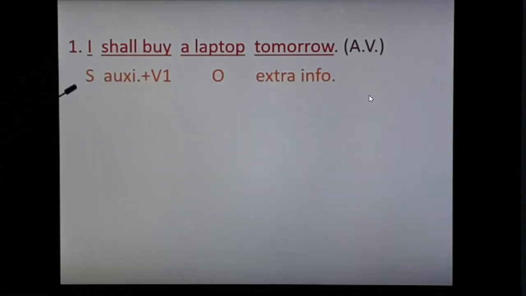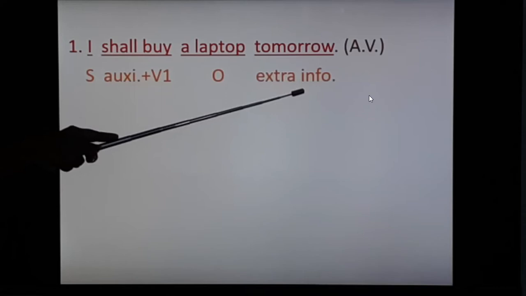So I, subject; shall, auxiliary verb, or you can say modal auxiliary or helping verb. Then buy, that is V1 form. In simple future tense, you have to use V1 form, that is base form or main form. Then a laptop, that is an object. Then tomorrow, that is called an adverb, or you can mention it as extra information.